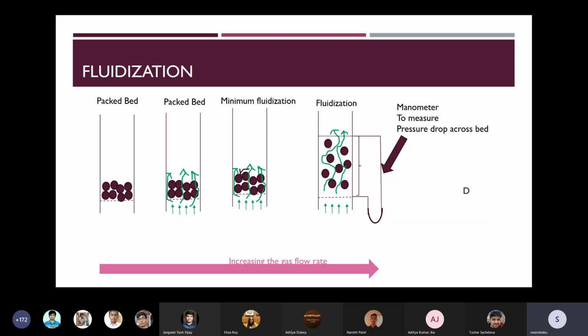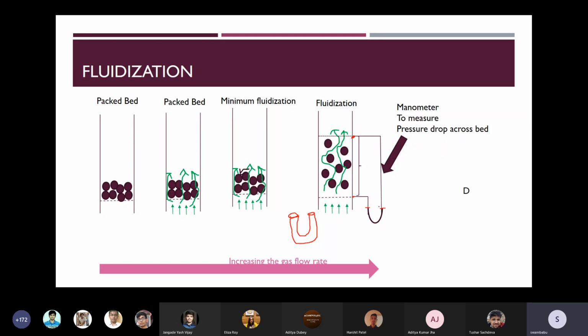Suppose I measure the pressure drop across this fluidized bed. I hope you know that we can use a U-tube manometer to measure the pressure drop. This is the U-tube manometer, which is connected between the inlet at the start of the bed and the last point of the bed.